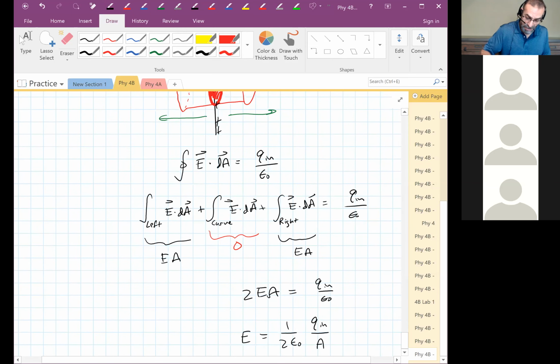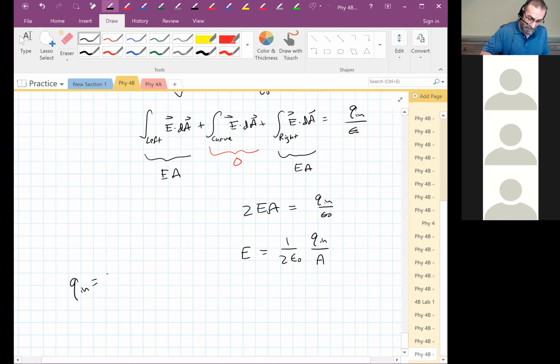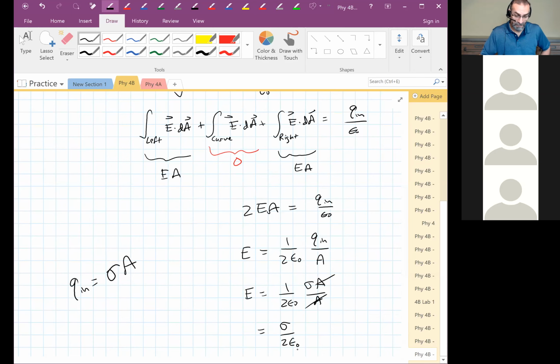So the amount of charge inside is sigma A. So my electric field is 1 over 2 epsilon naught, sigma A over A, which is sigma over 2 epsilon naught. And yes, the curved surface integral is 0 because E is perpendicular to dA.